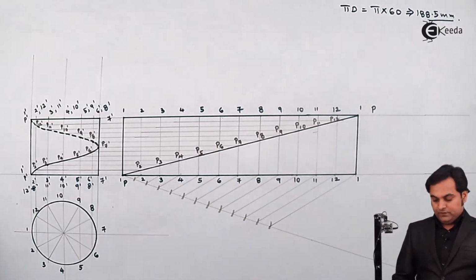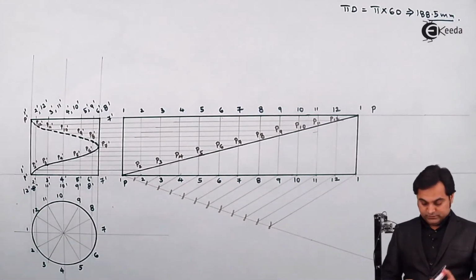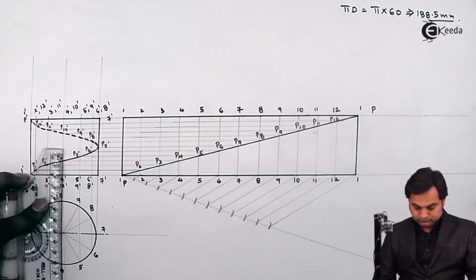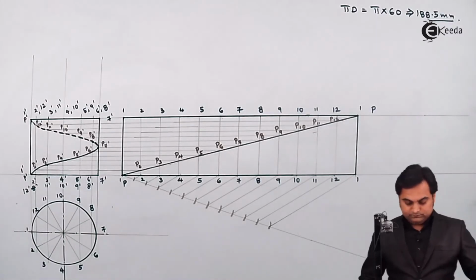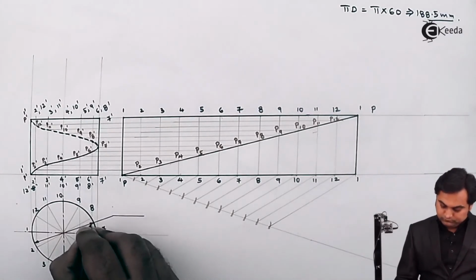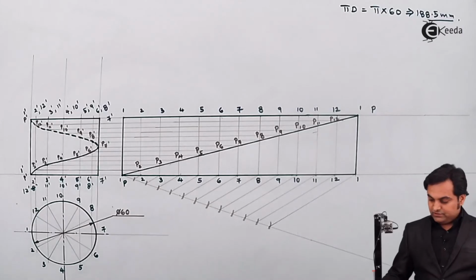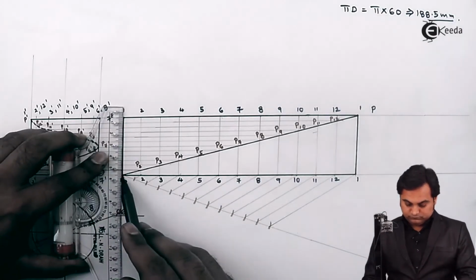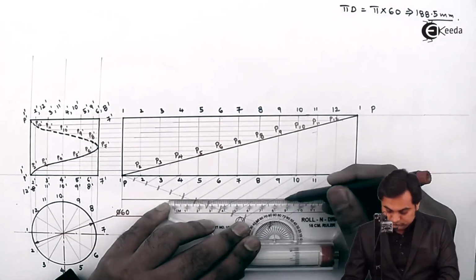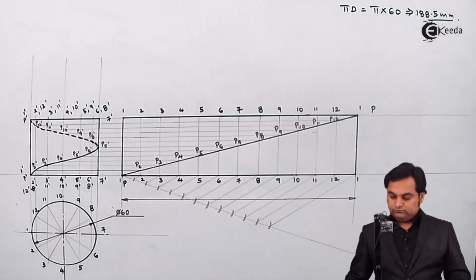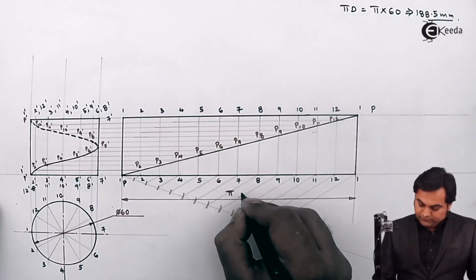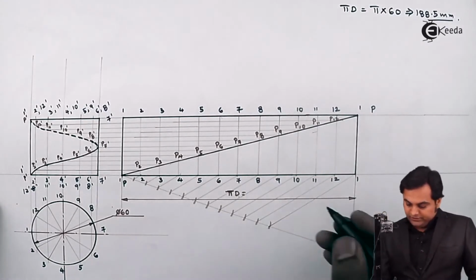And finally point P. So this is the helix. Then drawing the center line. Here the diameter of the circle is 60 mm. Circumference is pi d is equal to 188.5 mm.